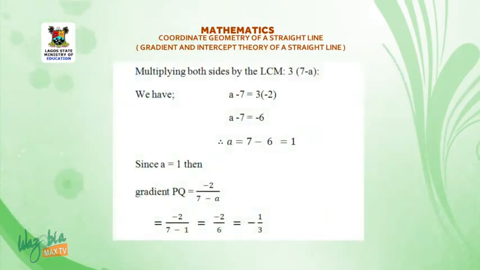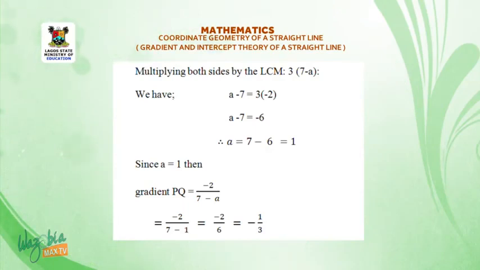Multiply both sides by the LCM, 3 into brackets 7 minus a, bracket closed. We have a minus 7 is equal to 3 into minus 2. A minus 7 is equal to minus 6. Therefore, a is equal to 7 minus 6, which is equal to 1.